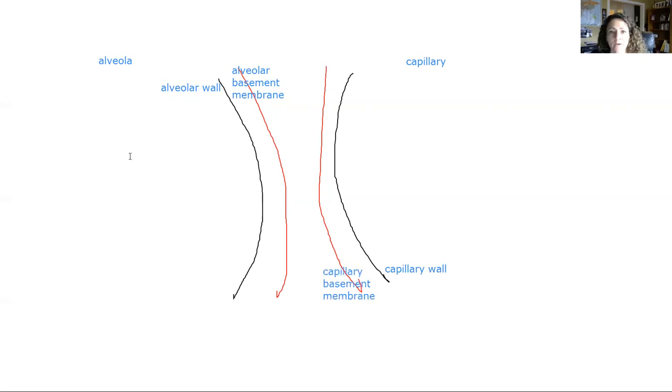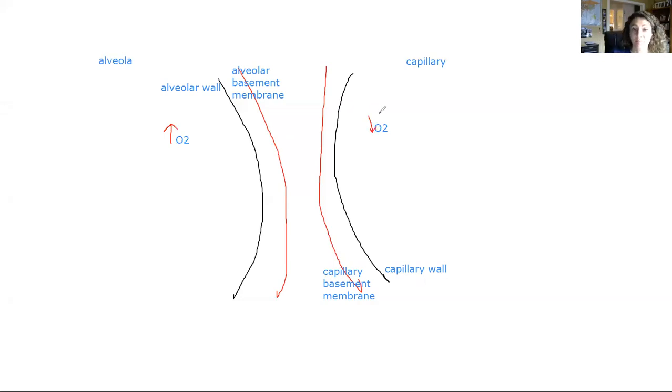Okay, and then we talked about breathing oxygen into your lungs. And so we have high levels of oxygen in your lungs from what you're breathing in as compared to low levels of oxygen in the blood, because this is deoxygenated blood that's coming from the exercising muscle.